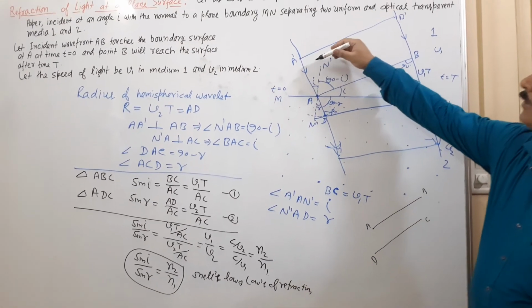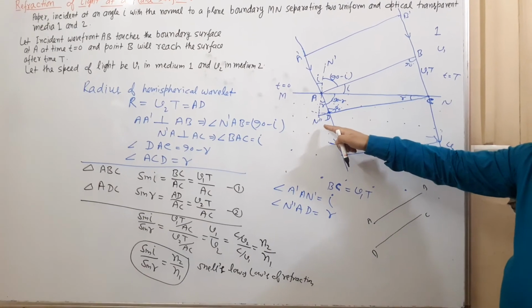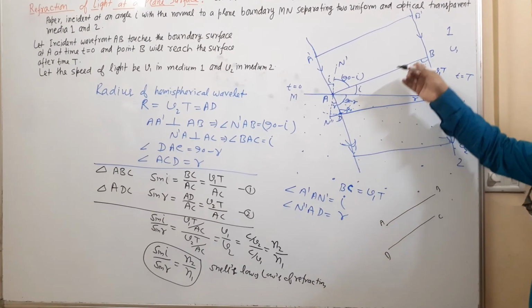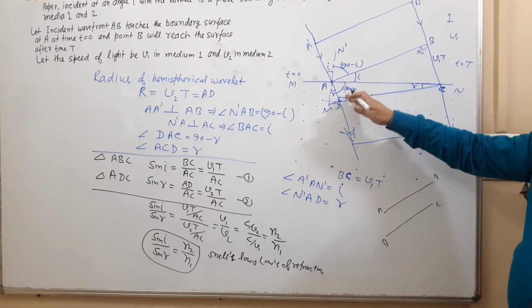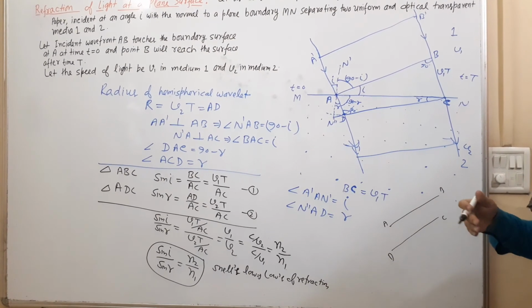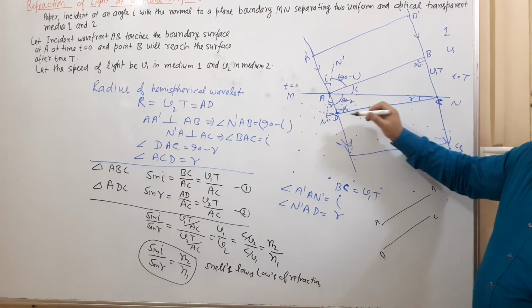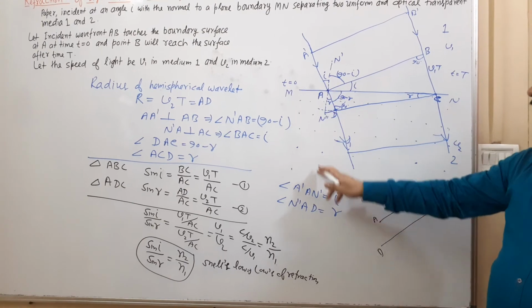Why? Because here if you see, the velocity, or you can say the radius of wavelets, will decrease. That's why if we move from rarer to denser, wavelength will decrease. Wavelength decrease करेगा, or you can say velocity of light decrease करेगी. एक चीज और भी कह सकते हैं कि the light will turn towards the normal.